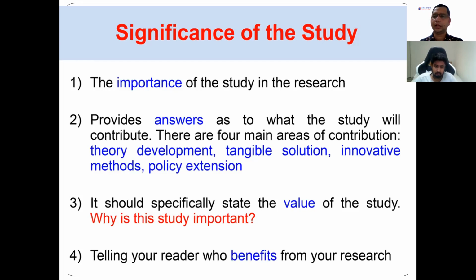Then you will provide background information. Straight away you will come to writing the problem statement. Your problem statement needs to be really solid, with all types of evidence you can give. Then you will write about the research aim and objectives, research questions, and significance of the study. This is how you will complete your chapter 1.